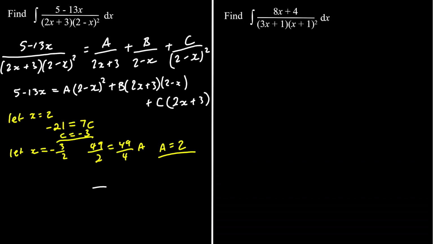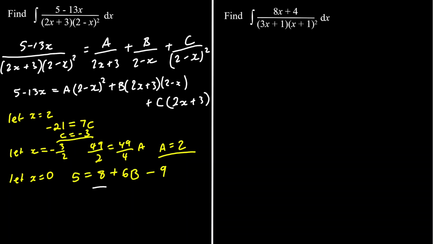We still need to find b, and we can do that by picking another value for x. So let x equal 0. We will get 5 equals 4 a's, and a is 2, so 8 plus, if x is 0, we'll get 3 times 2 times b, so 6b, and 3 c's, and c is negative 3, so 3 negative 3's are negative 9.